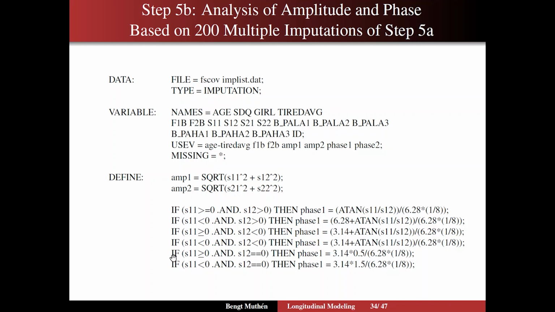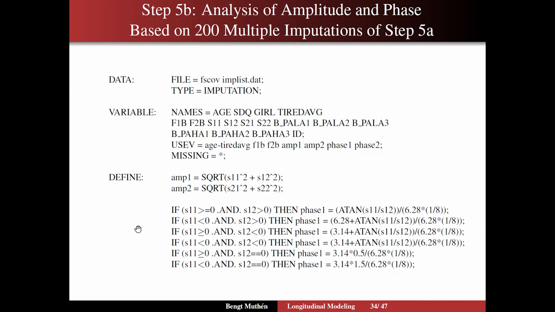Here we have 6 cases of combinations of signs for the first factor, and then on the next slide we have it for the second factor. So the signs are positive, positive, negative, positive, etc.